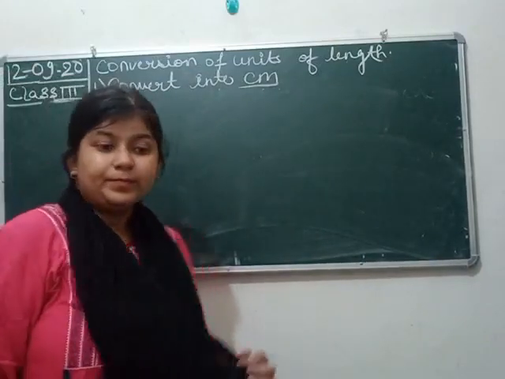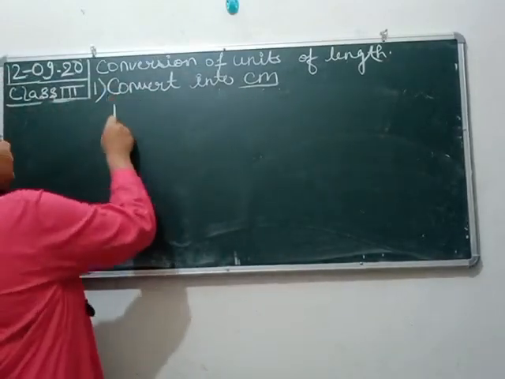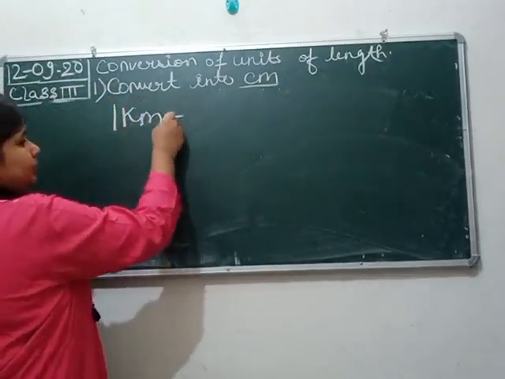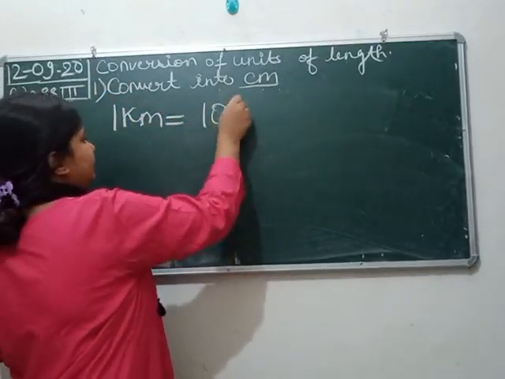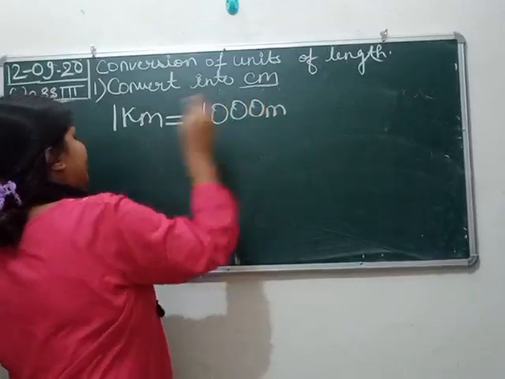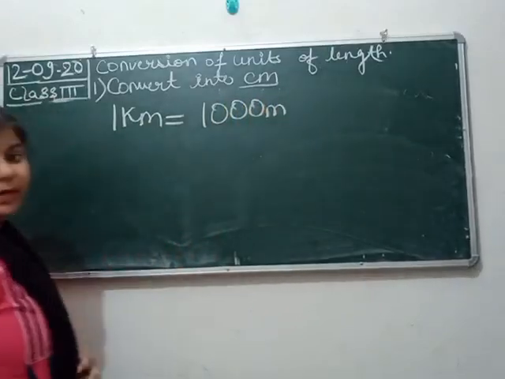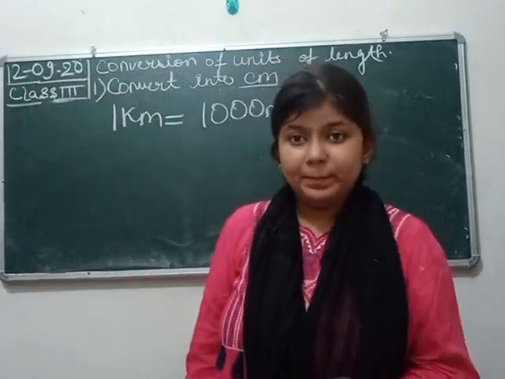Now let us see. So 1 kilometer is equals to 1000 meter.